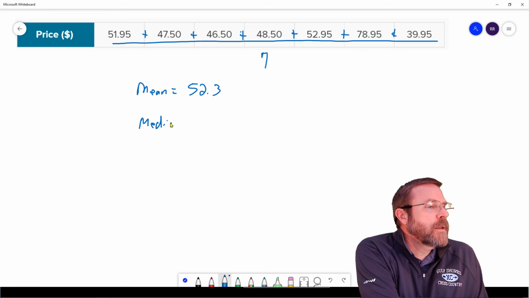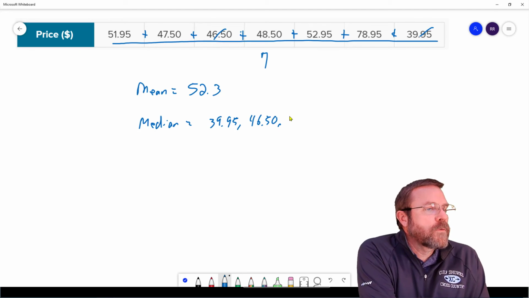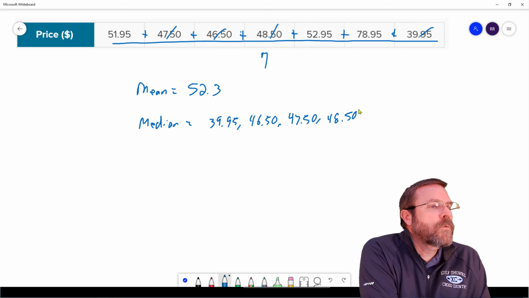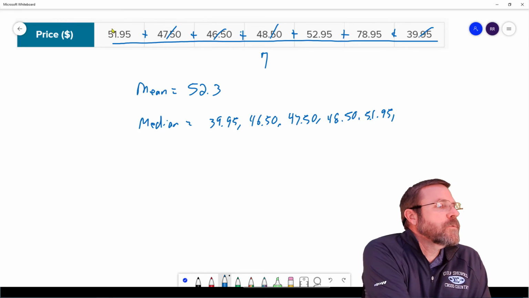Meanwhile, the median is going to be, let's do from least to greatest. So I'm going to have 39.95 is my first one. Then I have 46.50 is my second one. 47.50 is my third one. 48.50 is my fourth one. 51.95 is my sixth one.